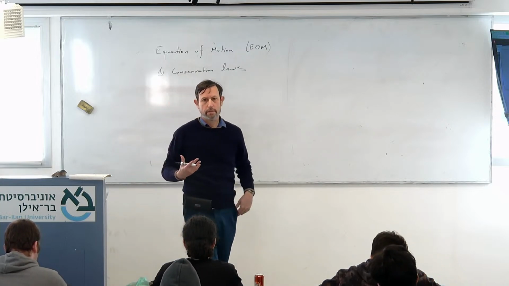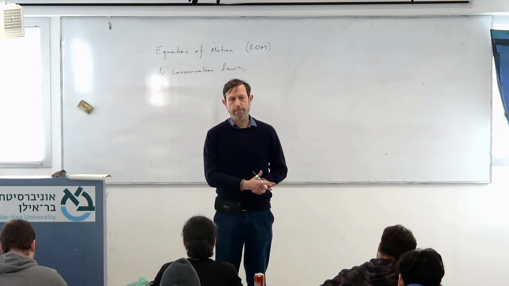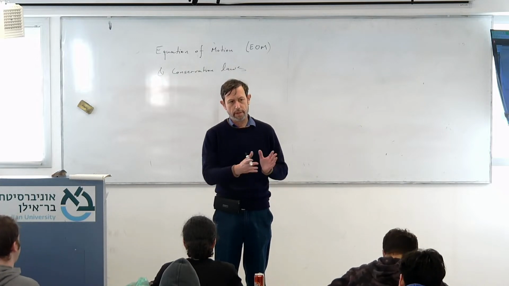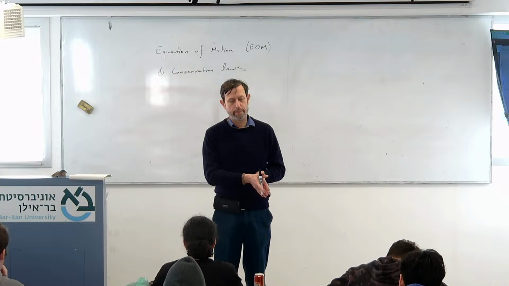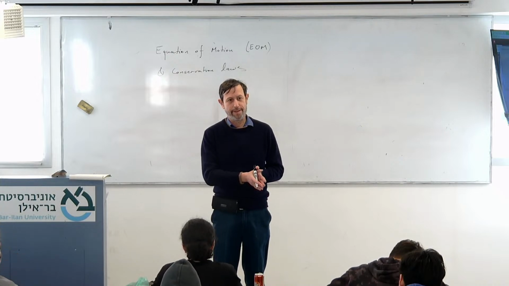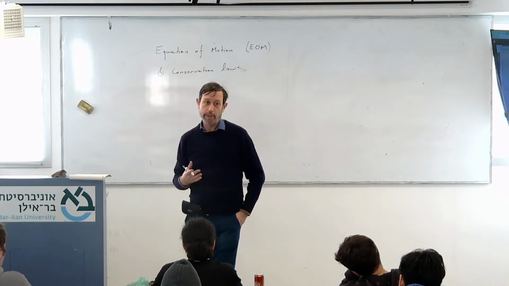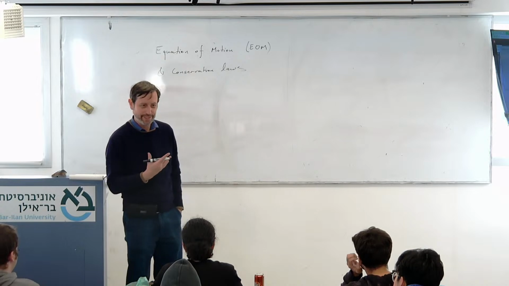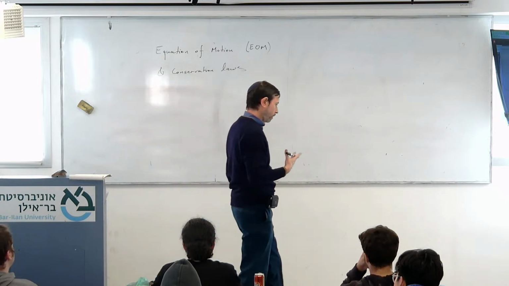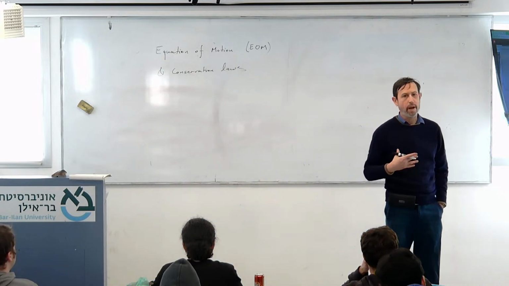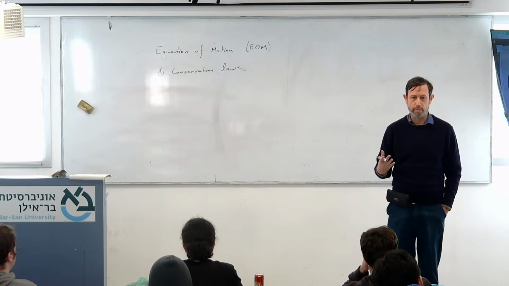In classical physics, what did I have? I have a position, for example, and I want to see how it develops with time. We can't ask this type of question in quantum mechanics. We can ask how probabilities develop with time.